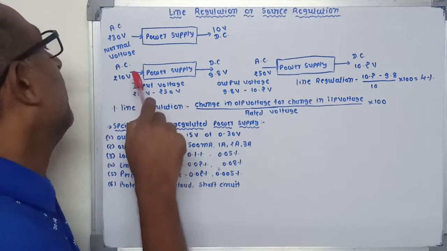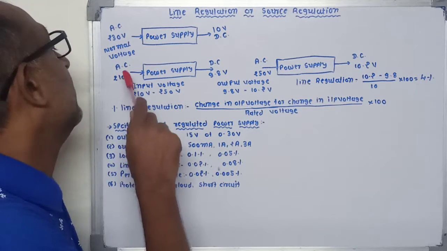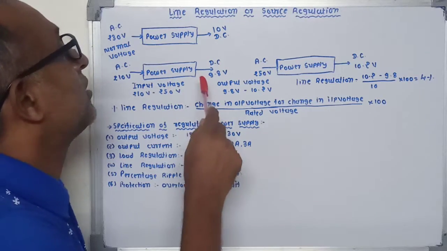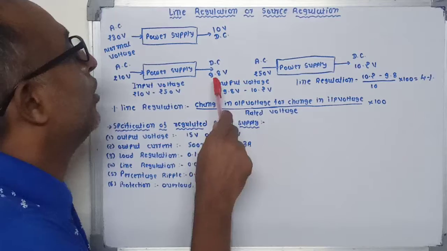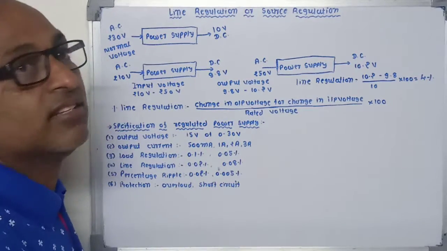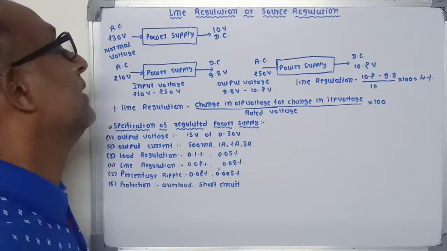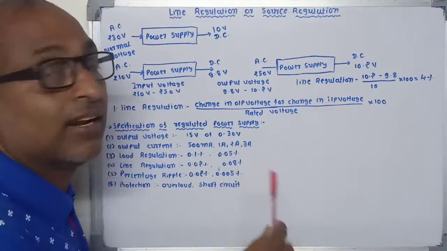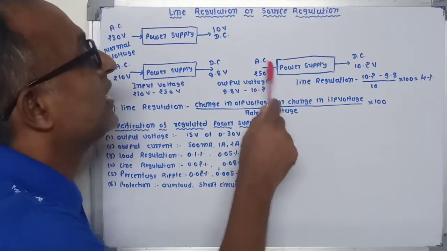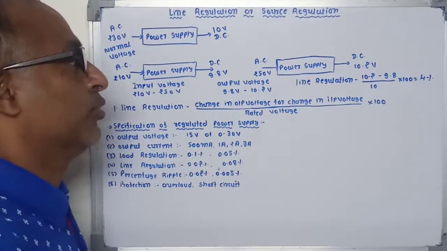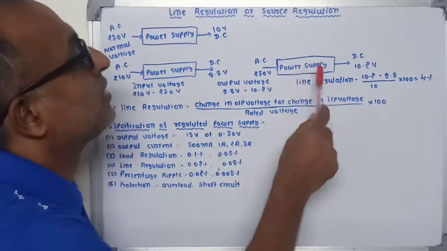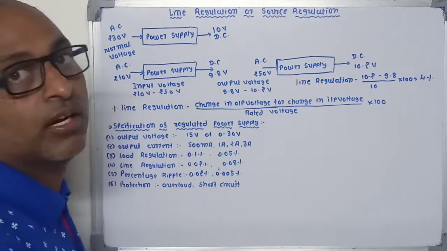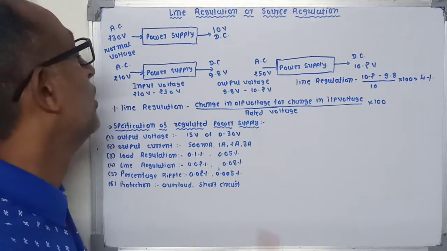Suppose if we apply 210 volt AC to the power supply, that time it gives 9.8 volt DC output voltage. Similarly, for the same power supply, we apply 250 volt AC supply at the input side. That time this power supply provides 10.2 volt DC as output voltage.